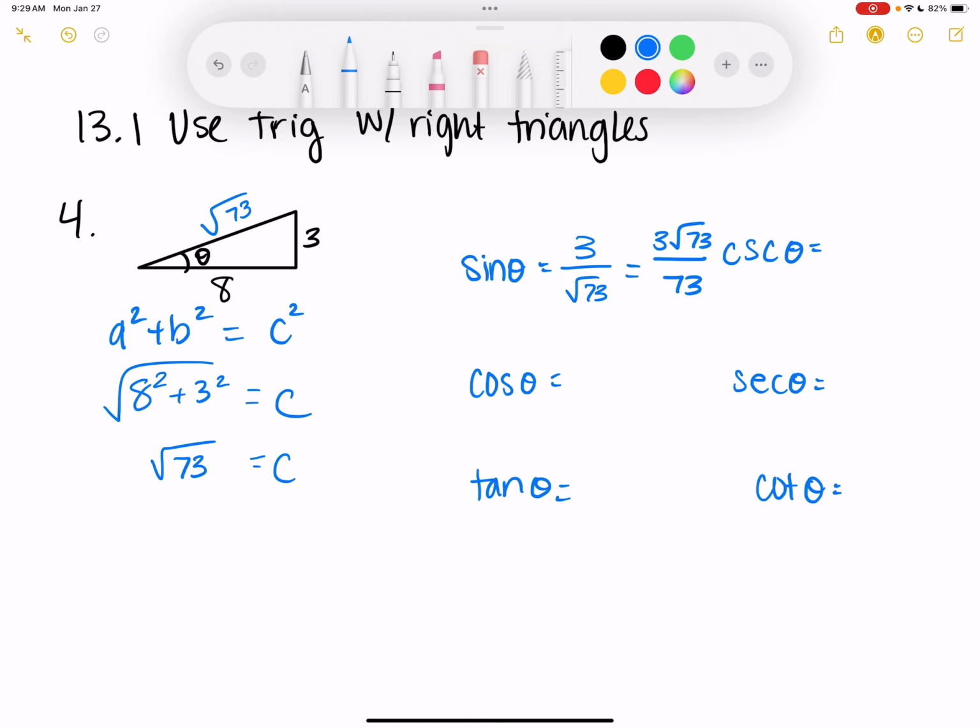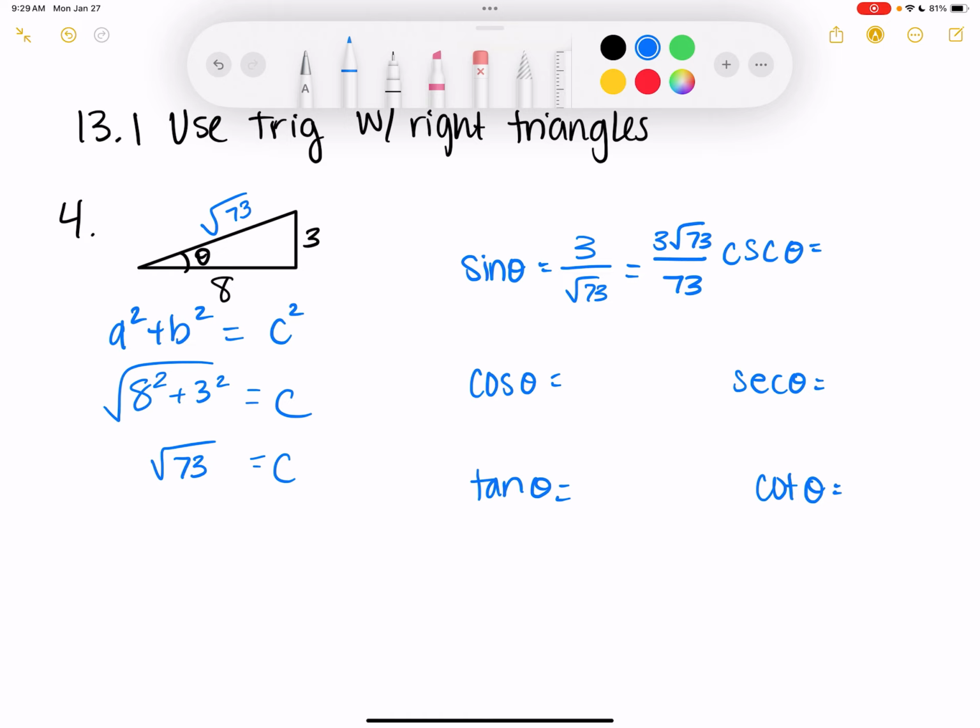But I will tell you, the reason that I initially write it this way is that, truth be told, I can go straight to here without even having to think about it. And as we do more and more of these, probably by the end of this section, you're going to be able to go straight there. But when I do cosecant, normally I won't go in this order. Normally I go down and then I do these. But cosecant is just 1 over sine.